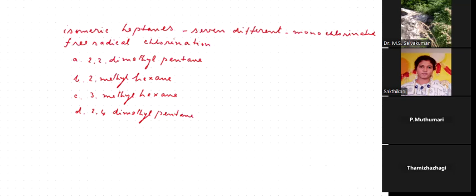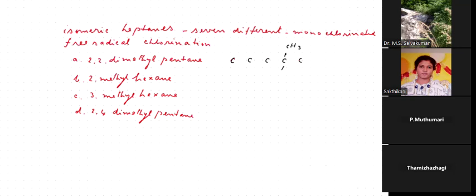Whenever such questions are given, immediately you should write the structural formula. See the first one, it is a pentane. So carbon, carbon, carbon, carbon, carbon. 5 carbons are there. In the second position, 2 methyl groups are attached.